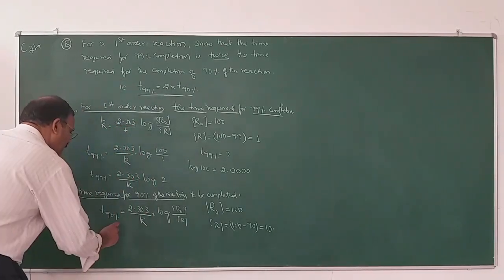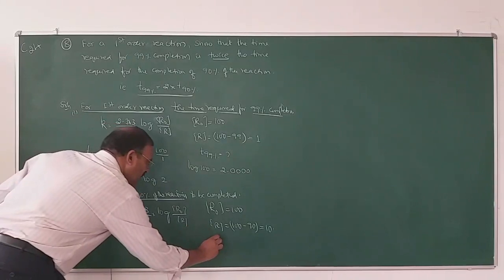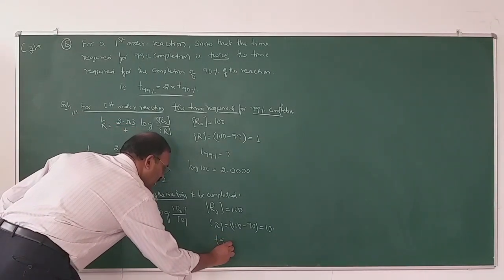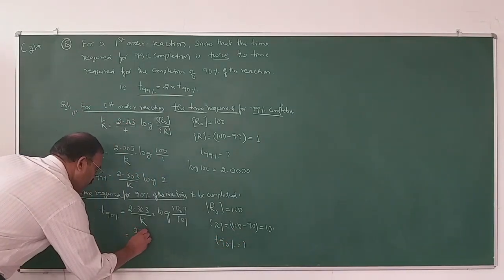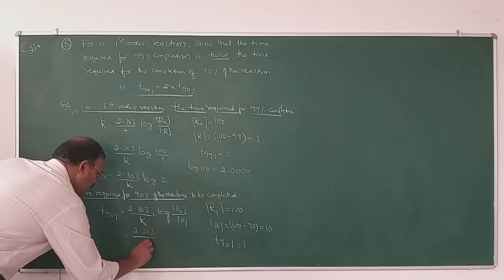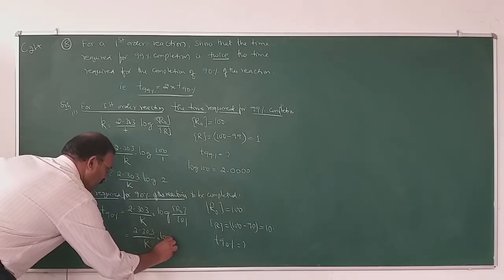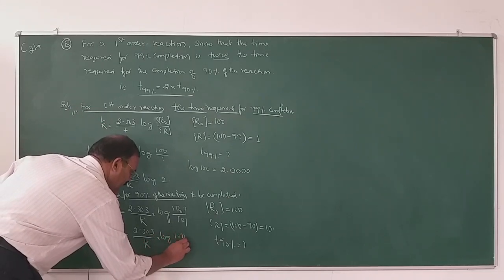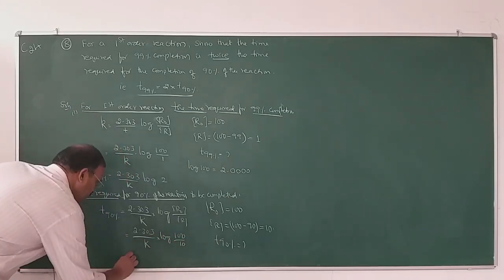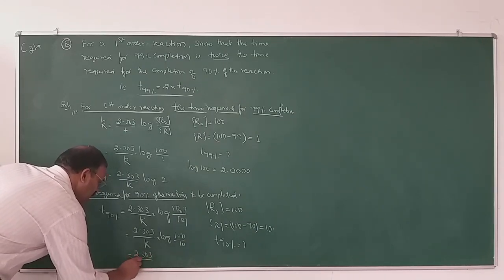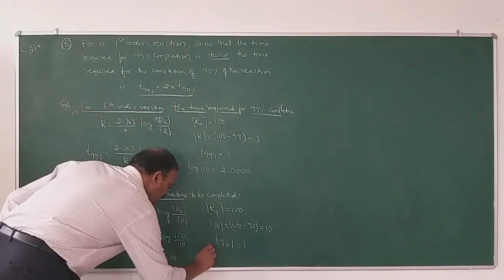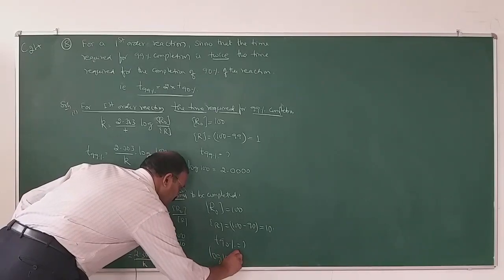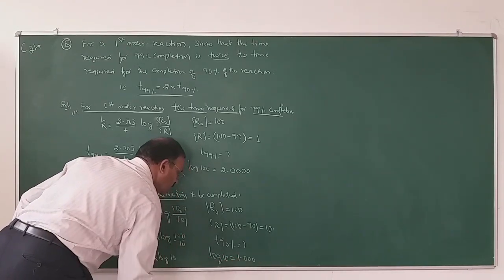So T 90% equals 2.303 divided by K into logarithm of 100 divided by 10. That is equal to 2.303 divided by K into log 10. The value of log 10 equals 1.000.